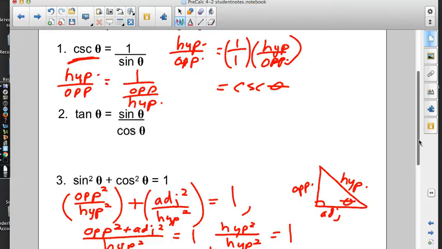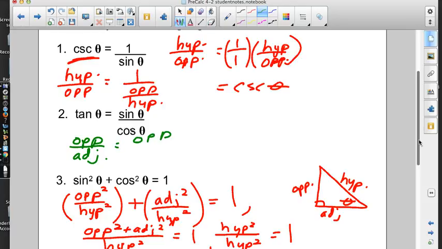How about number 2? Again, piece of candy. So I did opposite over adjacent. And then I did opposite over hypotenuse multiplied by hypotenuse over adjacent. Okay, so you just went immediately to multiplying by the reciprocal. Warning though, on the test, don't skip steps.